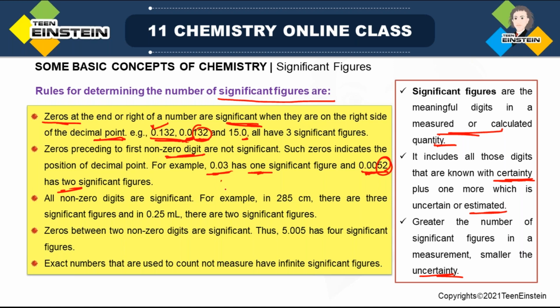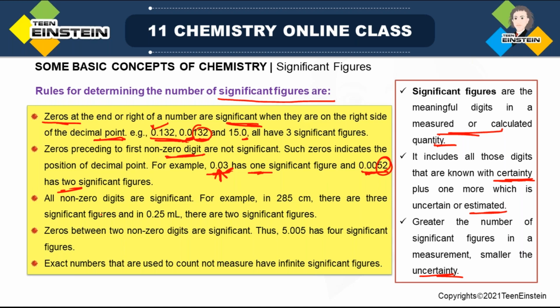In the first case, this 0 precedes the first non-zero digit, which is 3. And in the second case, these two zeros, though they are on the right hand side of the decimal, precede the 5 and 2. So that is why these zeros will not be considered as significant. Only the 5 and 2, these two are significant.